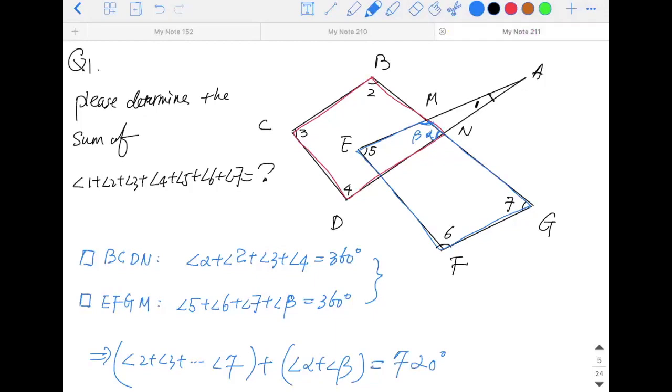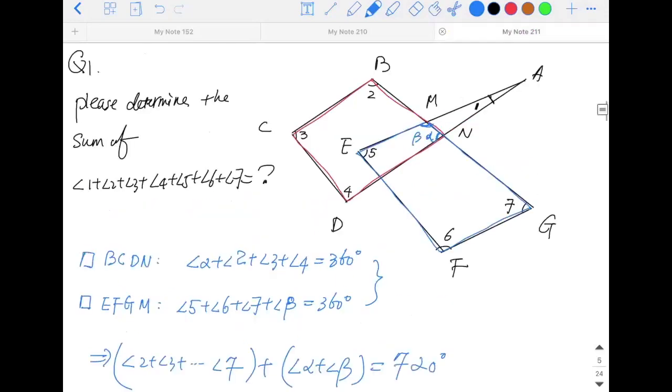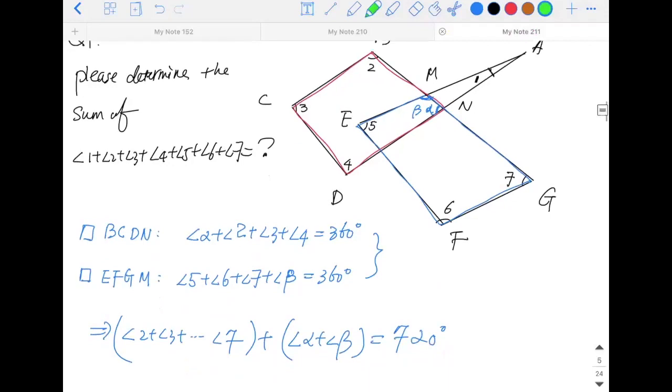Is that right? Okay, let's do a quick comparison. I'm actually missing angle 1 here, because the original question asked me to determine from angle 1 all the way to angle 7. I have already determined angle 2 through angle 7, so I'm missing a 1. Plus, I have an alpha plus beta, which I don't need. The question doesn't need me to determine the values of alpha and beta.